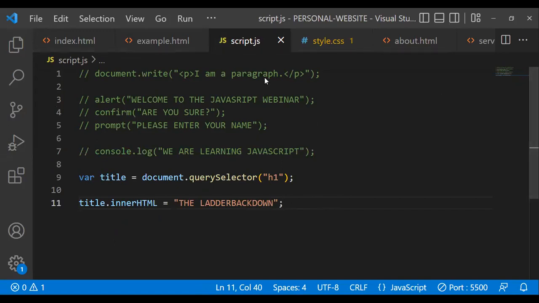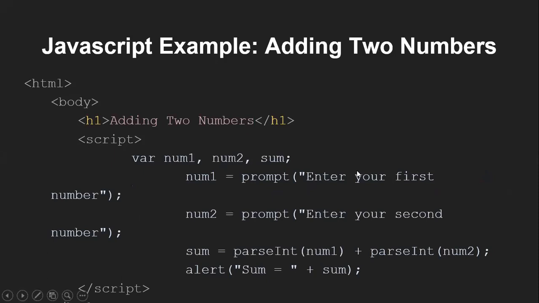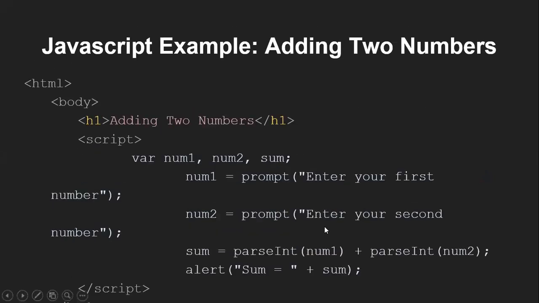Good. So I will go back to my slides and show you some examples again. You can also add two numbers using JavaScript, using prompts. I declare variables num1, num2, and sum.